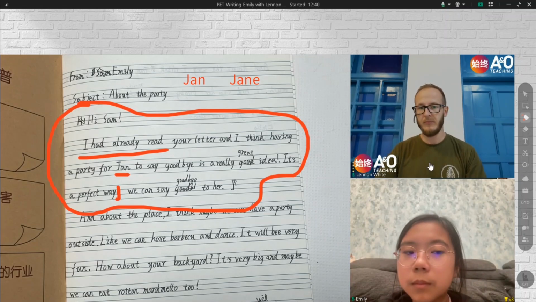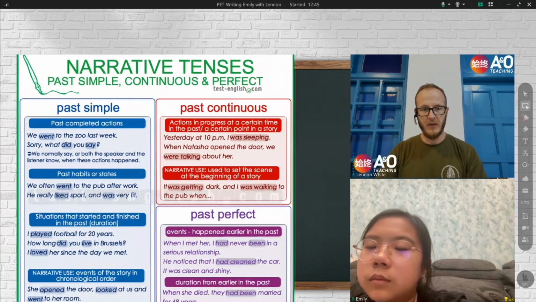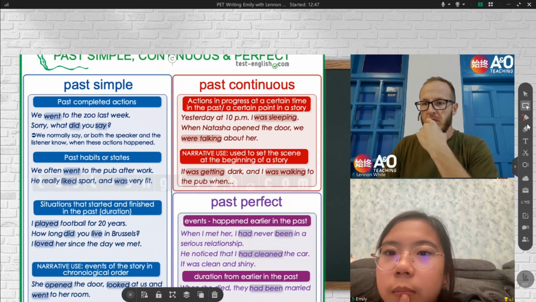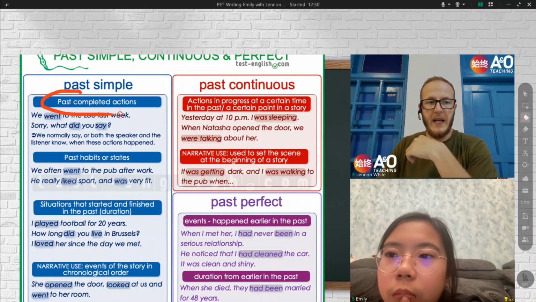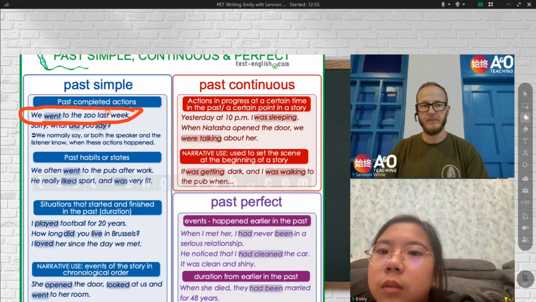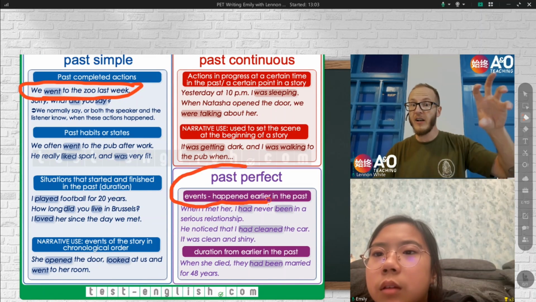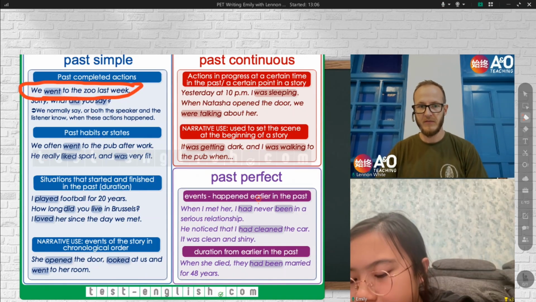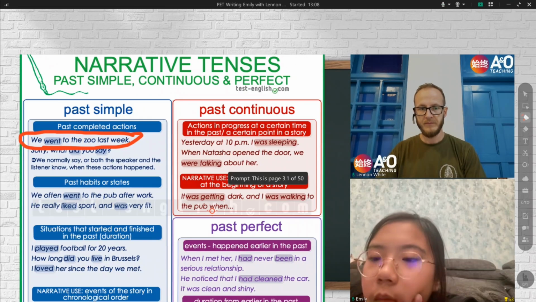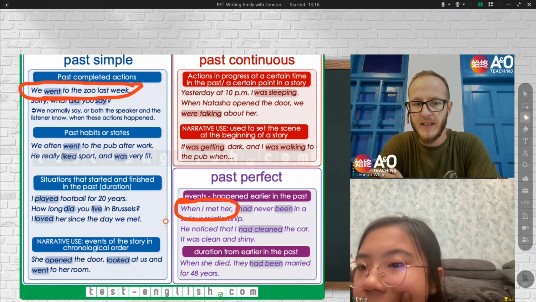Let me see if we can have a little explanation here. Let's just focus on this one. Past completed actions: we went to the zoo last week. And what we focus on also is past perfect: events that happened earlier in the past than something. So when I met her, which tense is this?